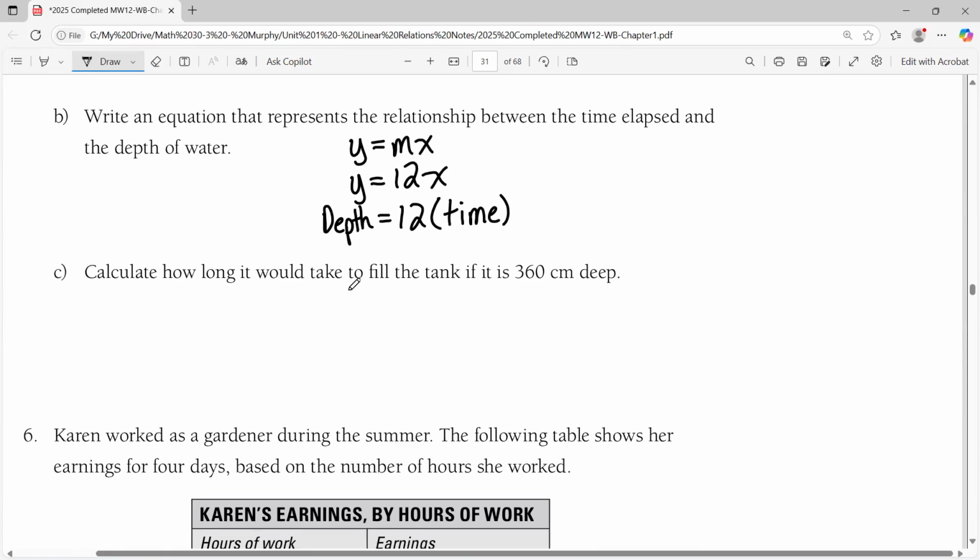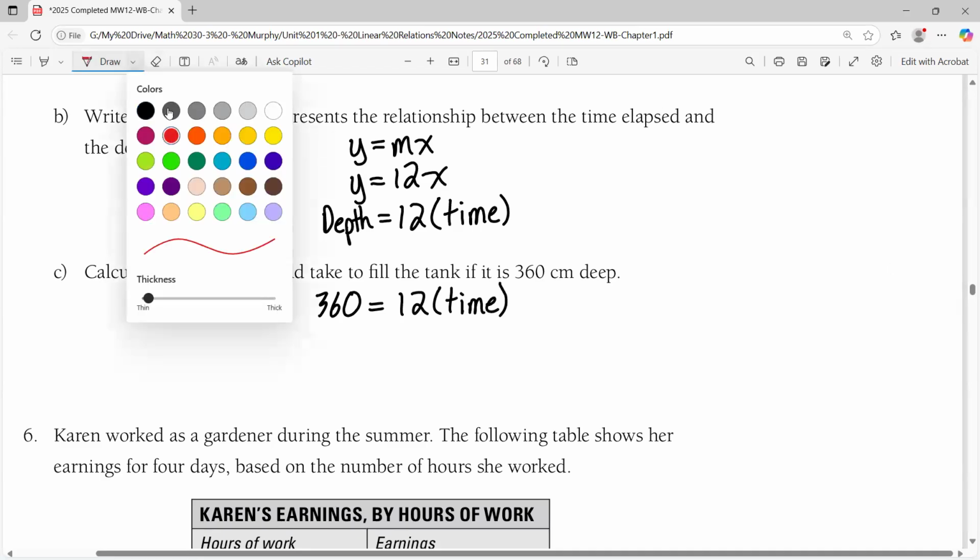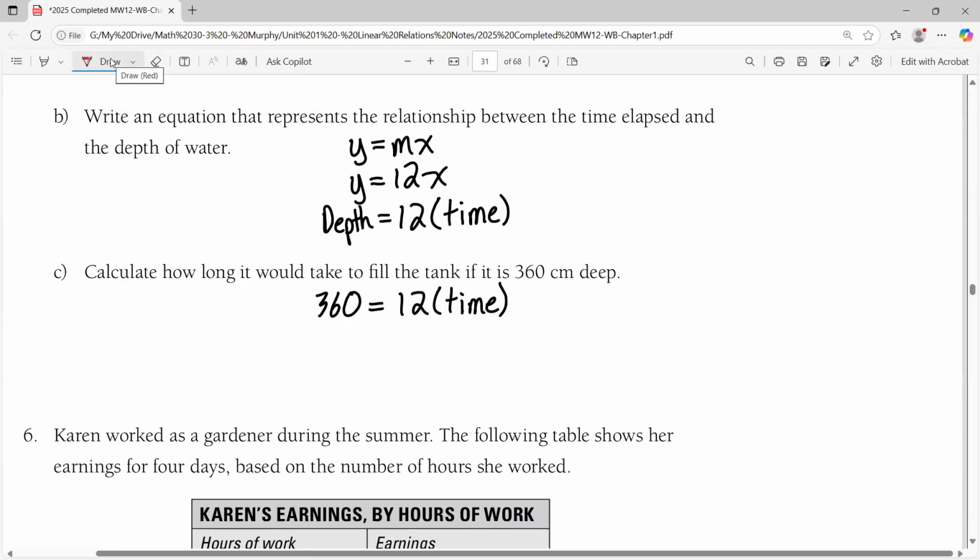So calculate how long it would take to fill the tank if it was 360 centimeters deep. So we'll just put 360 here. There's our slope, and we're going to solve for time. So what we'll do is divide by 12 on both sides, because we have 12 times time. To get time by itself, we need this 12 out of here. So if it's being multiplied by 12, you have to do the opposite action on both sides.